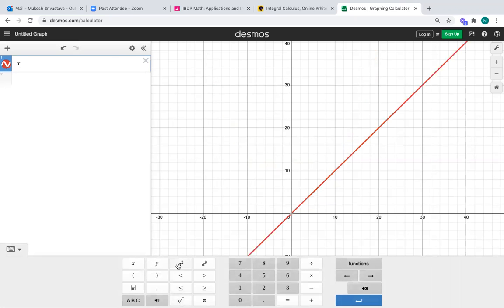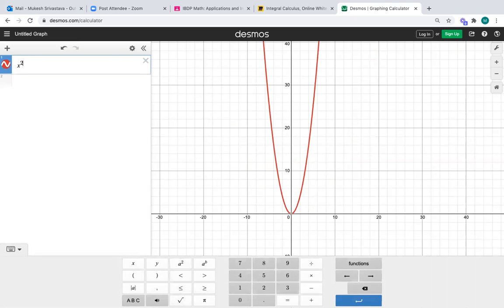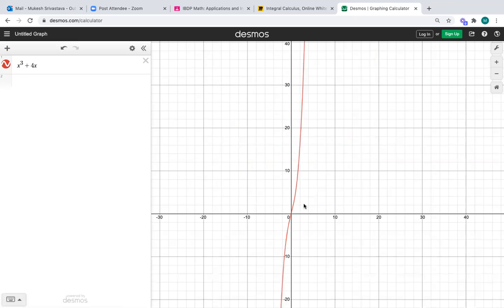X cube plus 4x is my curve. Now, if I draw a tangent to this curve at x equal to 0, the gradient of the tangent is 4. Have you understood this? Yes, sir.